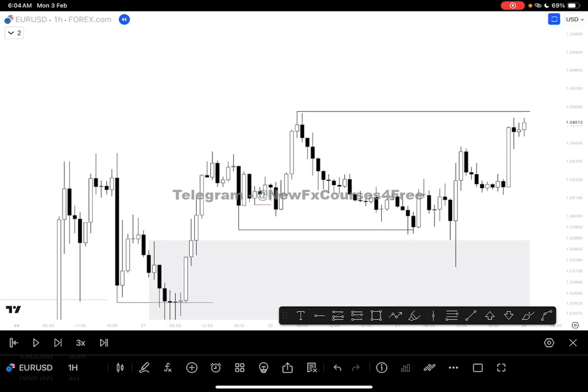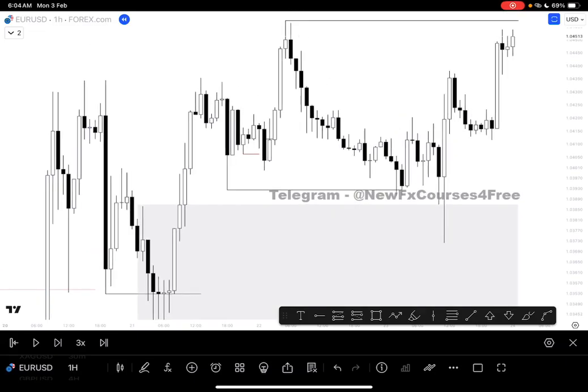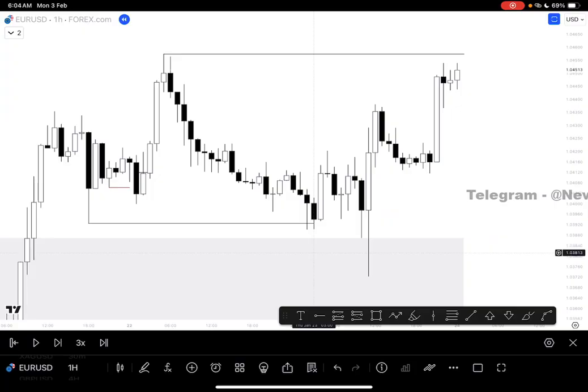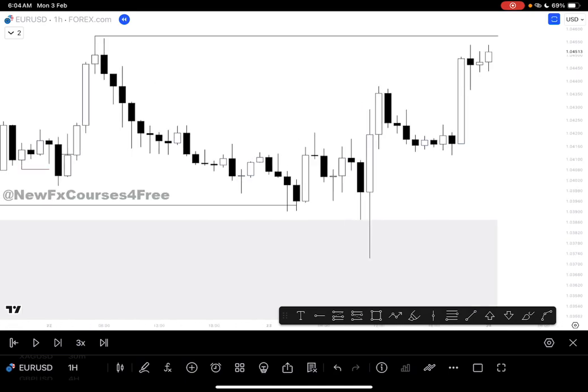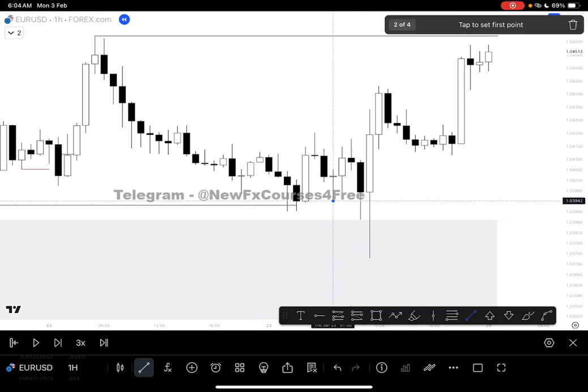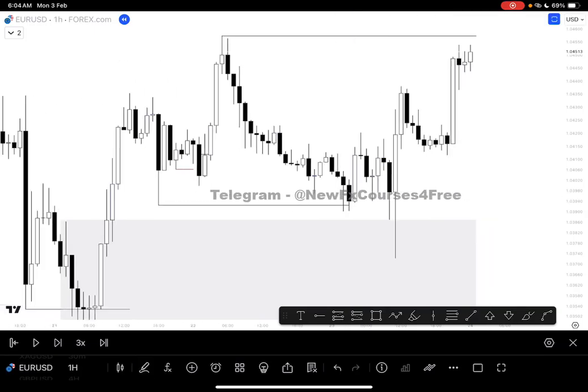I will actually explain in one topic. There is a topic I'm going to talk about, and I'll explain why this order block actually failed. Why is because there was liquidity below it, and there are also a lot of reasons we're going to talk about on other topics.